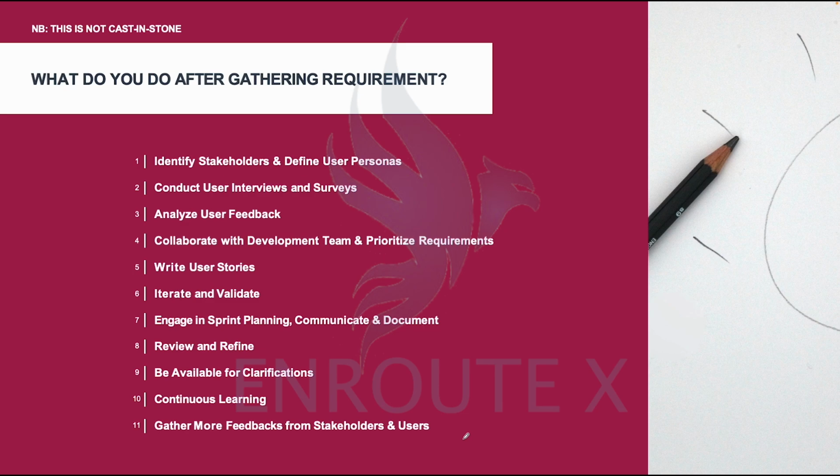Number one, identify stakeholders and define user persona. Persona is one of the lessons we would see in a couple of classes. So you need to identify your stakeholders and define your user persona. You have gathered the requirements.